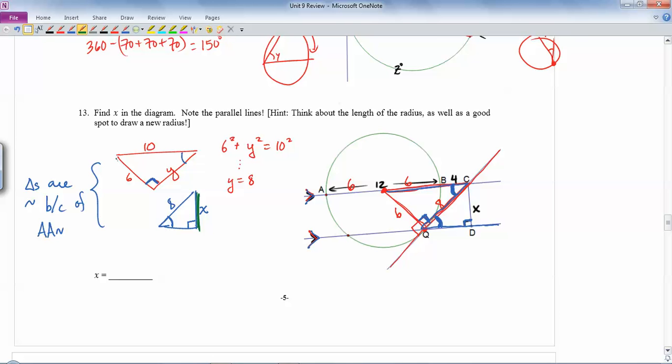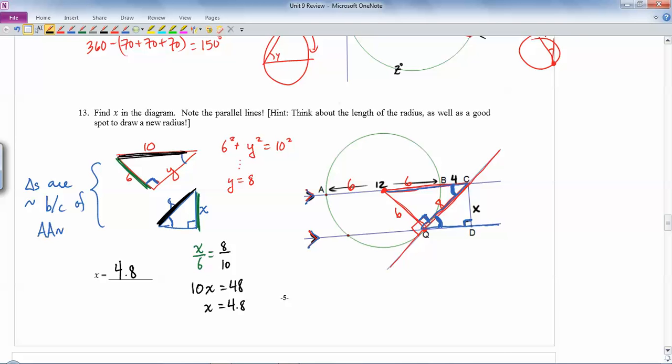So that's going to be related to the 6. So I'll go x goes with 6 the same way that, and then let's take a look here. The 8 is the hypotenuse, so that's going to go with 10 in that one, the same way that 8 goes with 10. Then if I cross multiply, I get 10x equals 48. So if I divide by 10, I get 4.8.